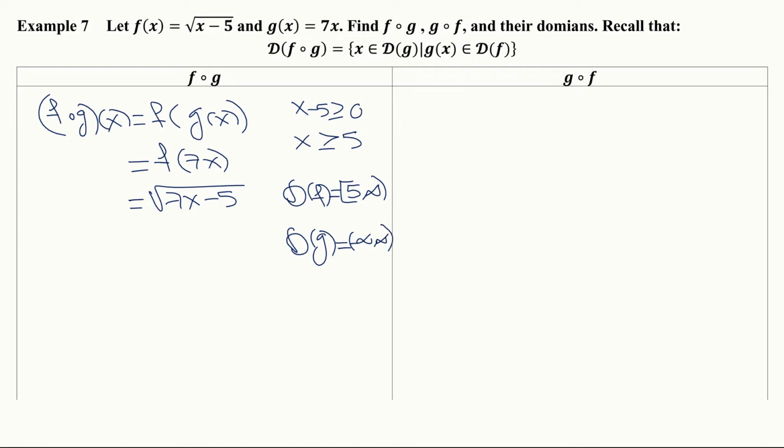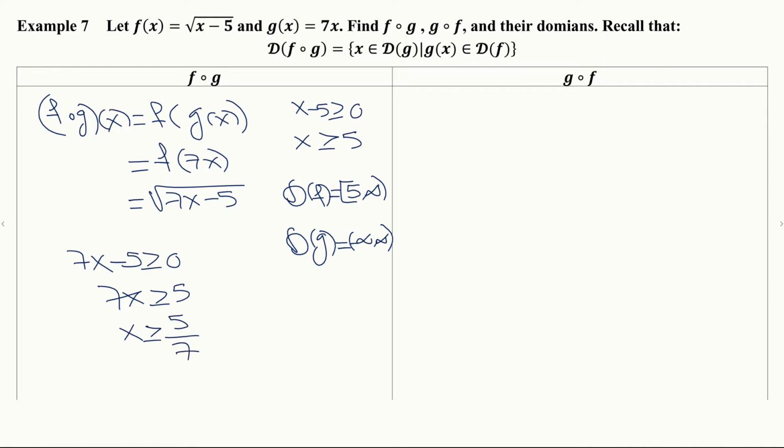So as far as the domain of f circle g of x is concerned, we notice that there's a square root, so the radicand needs to be what? Needs to be non-negative, so we want 7x minus 5 to be greater than or equal to 0, so 7x to be greater than or equal to 5, so x to be greater than or equal to 5/7.